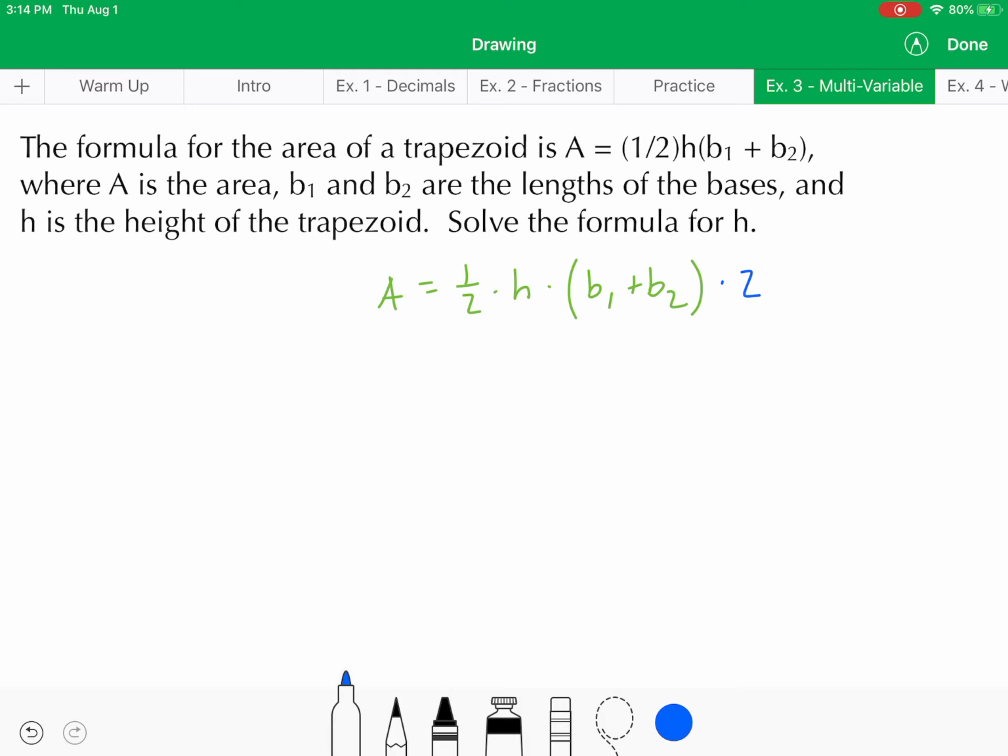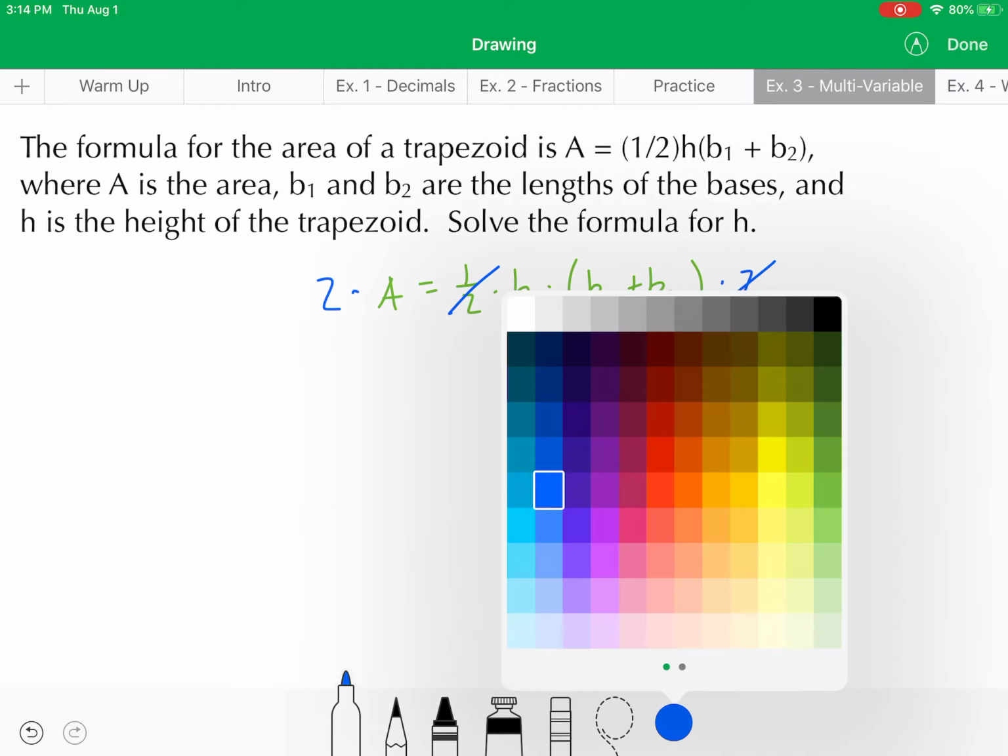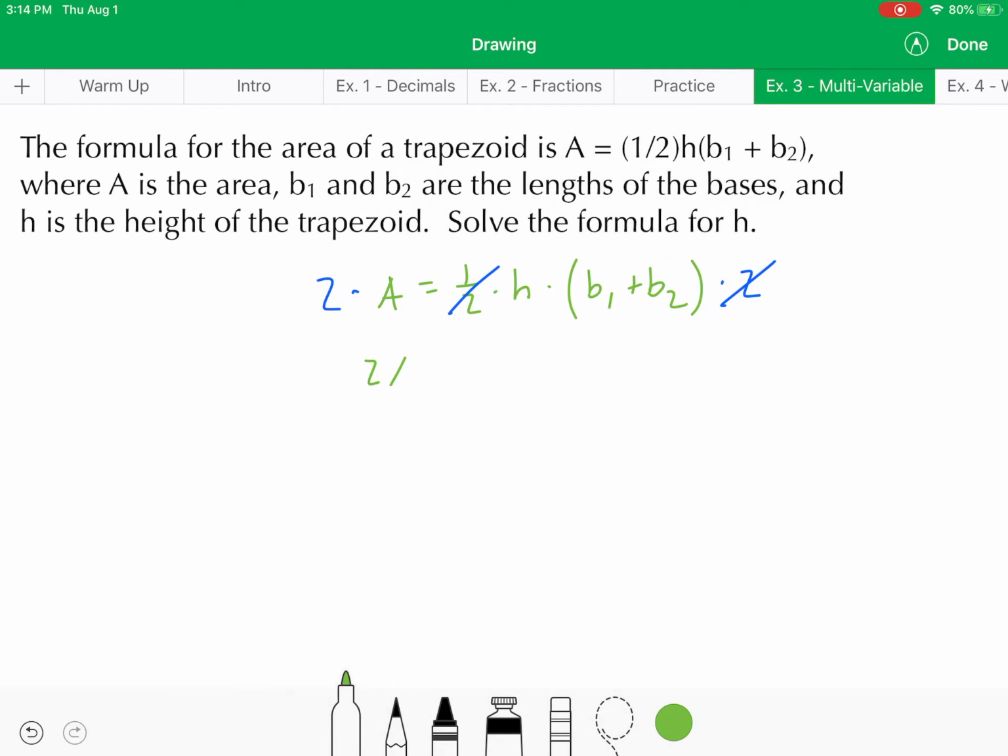So I can multiply both sides by 2, and that's immediately going to wipe out the 1/2 there. 2A is now equal to H times the sum of the two bases.